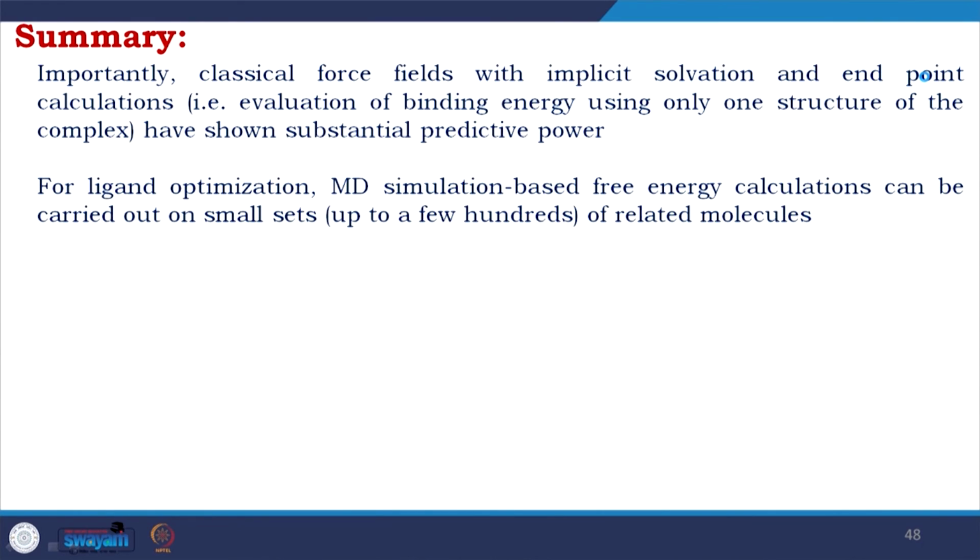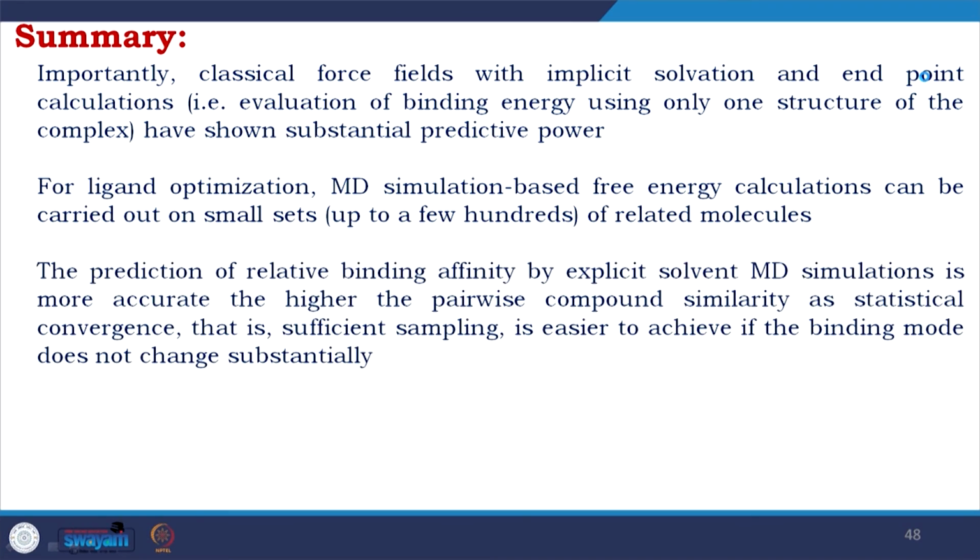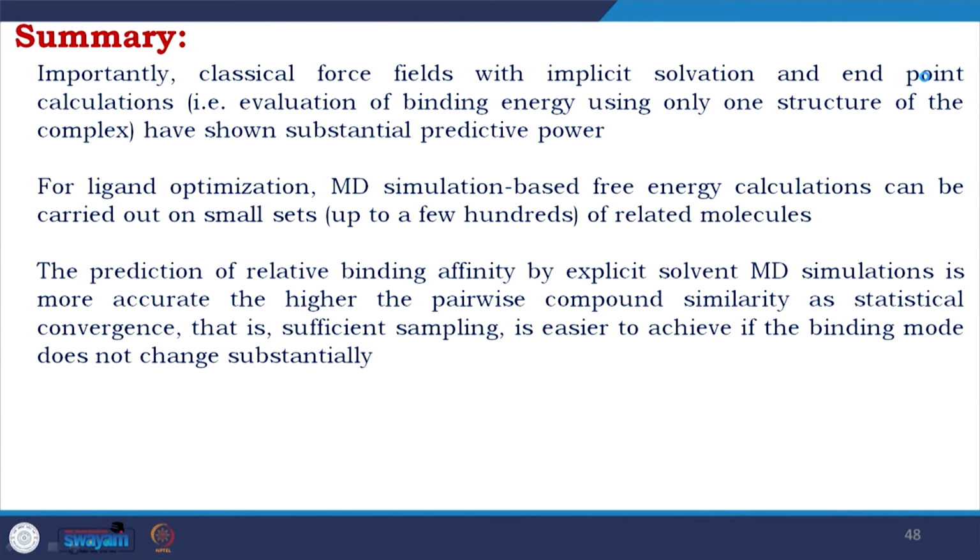For ligand optimization, MD simulation based free energy calculations can be carried out on a small set, up to a few hundred, of related molecules. So, once you make the initial cut, you do further studies coming into 100 and do that process. The prediction of relative binding affinity by explicit solvent MD simulation is more accurate the higher the pairwise compound similarity, as statistical convergence, that is sufficient sampling, is easier to achieve if the binding mode does not change substantially.